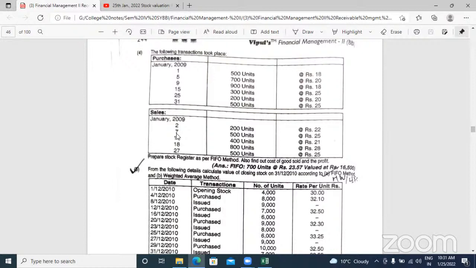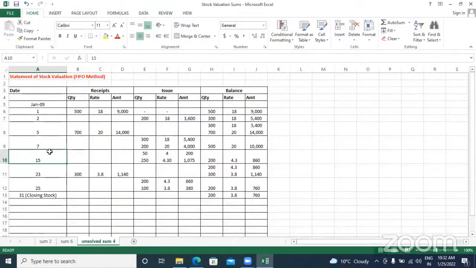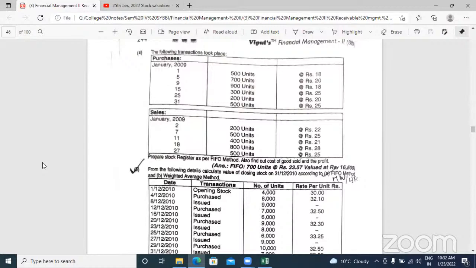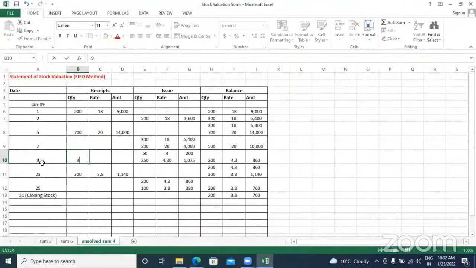Okay. So after 7th date, we have 9th date now. What happens on 9th date? Purchases. So again, 900 at the rate of 18 rupees. So here will be my 9th date. Tell me how many units are purchased on 9th date? 900.